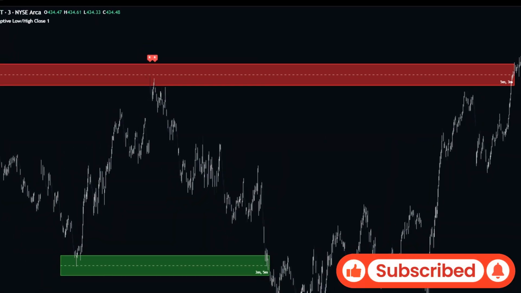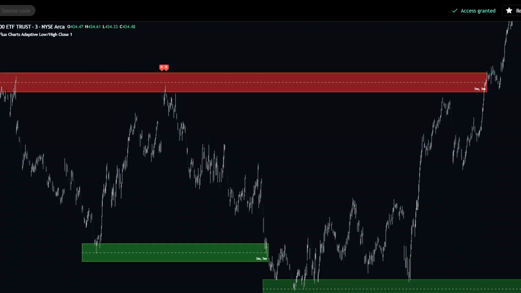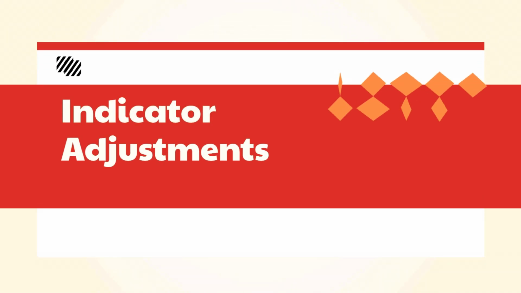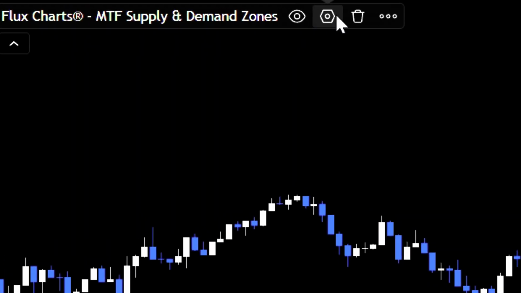So, once you've got the indicator loaded, those supply and demand zones just pop up right on your chart. But here's where you customize it for your exact trading strategy. Depending on your trading pair or time frame, you'll want to tweak a few things to make it perfect.